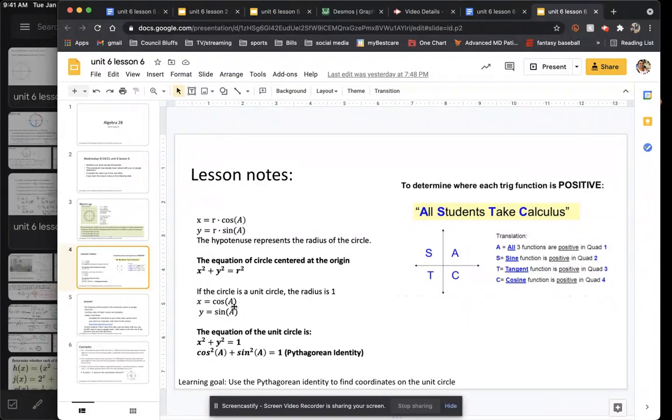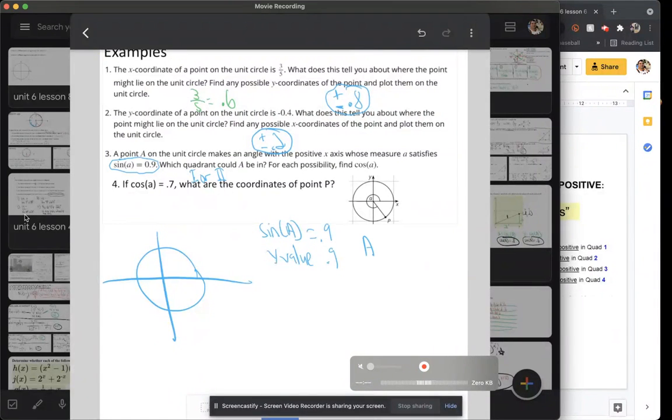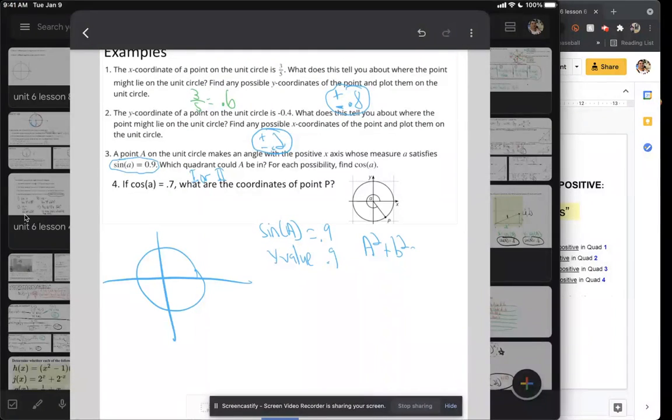So let's go ahead and do that again. I'm going to do my a squared plus b squared equals c squared. I know that my c has to be 1 because it's a unit circle. I'm going to make b 0.9 squared.